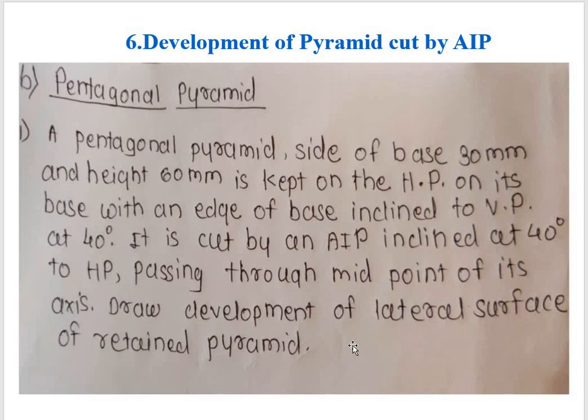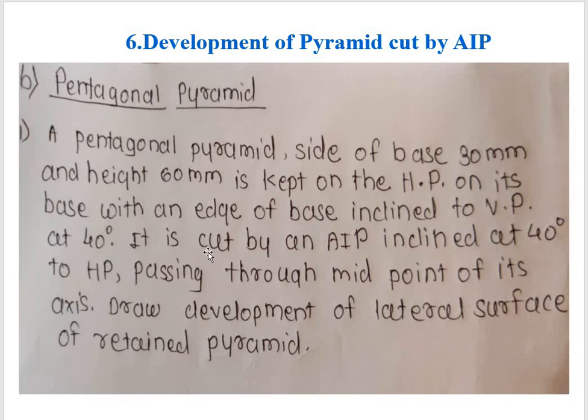Again read the question carefully, because in the question itself they have given half of the part to solve the numericals. So what is the solid? Our solid is a pentagonal pyramid. The base side is 30 mm. Axis height is given as 60 mm. It is kept on the HP, means you have to draw the pentagon in the top view, on its base with the edge of the base inclined to VP at 40 degree.